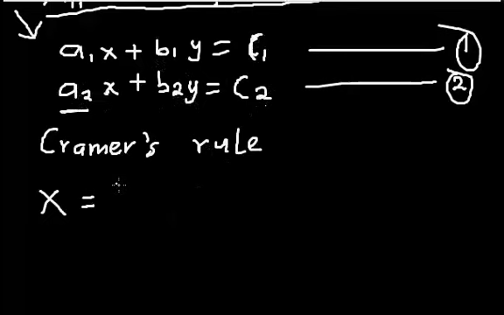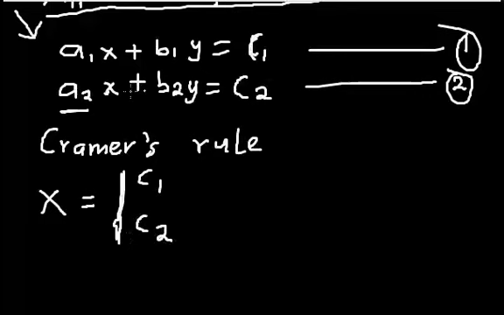So this will give me a 2 by 2 determinant. But in the case of me looking for x, I'll start with c1. My first column is going to be c1, c2. Then the second column will be b1, b2.